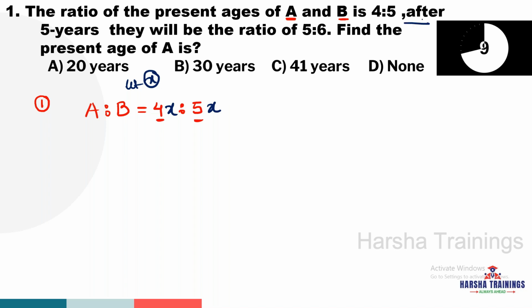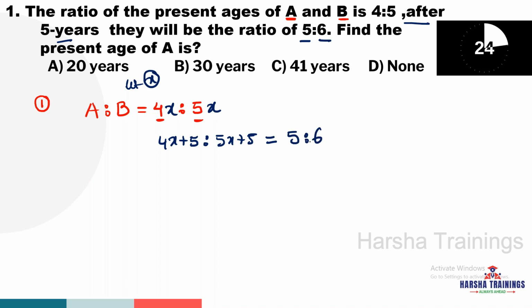Read the next statement. After 5 years, after means plus, right? So 4x plus 5 is to 5x plus 5 is equal to, after 5 years, the ratio is how much? 5 is to 6.